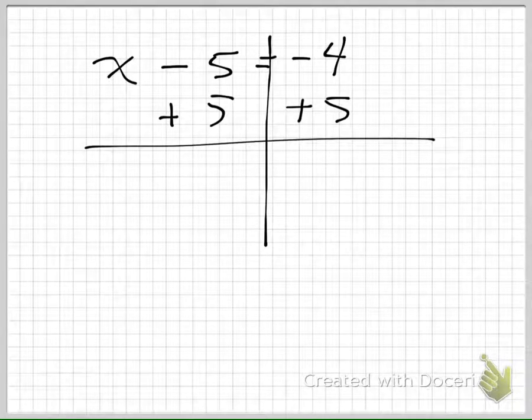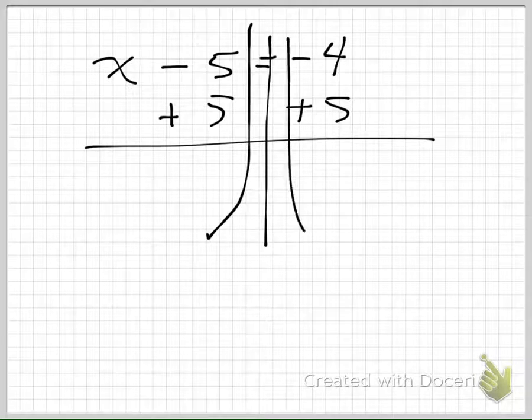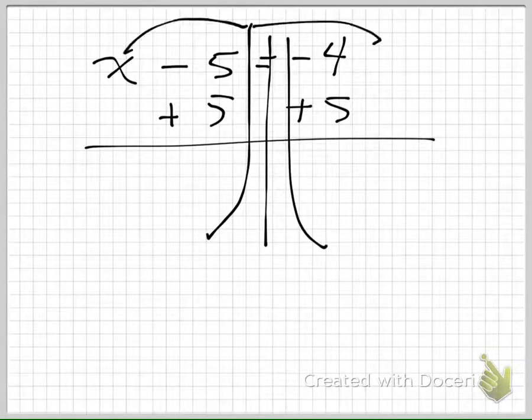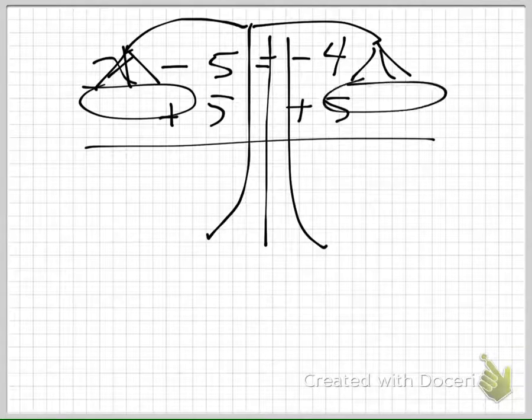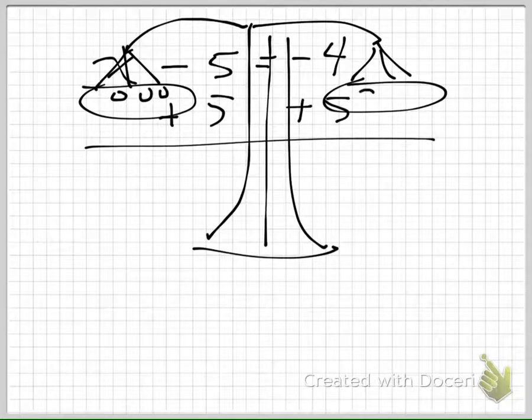Whatever you do to one side of the equation, you have to do the exact same thing to the other. That's the rule. It's just like the balance, where you got the arm out here. If I have 3 rocks over here and 3 rocks over here, in order for this to stay balanced, which it has to, that equal sign tells you that both sides are equal.